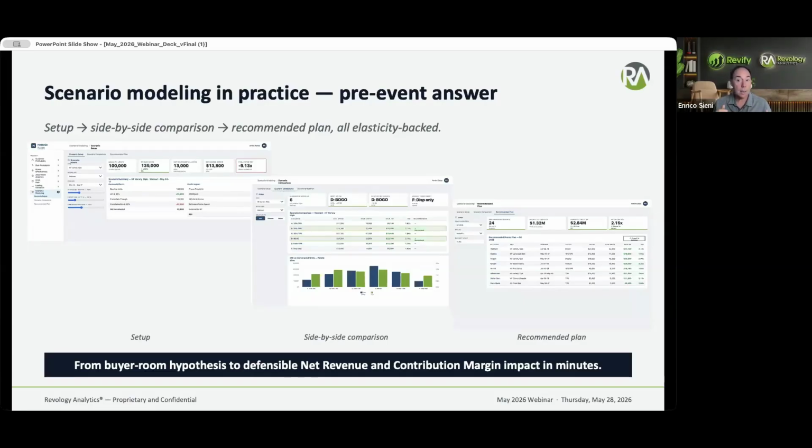And then you can start comparing your scenarios and doing what-ifs to understand what is your best return on investment based on incremental units against the lowest investment that you can implement. And then you basically land on a recommended plan with the trade ask already sized and the payoff being part of your hypothesis that you can test. And of course, the more data you have, the stronger your hypothesis and your recommendations become over time.